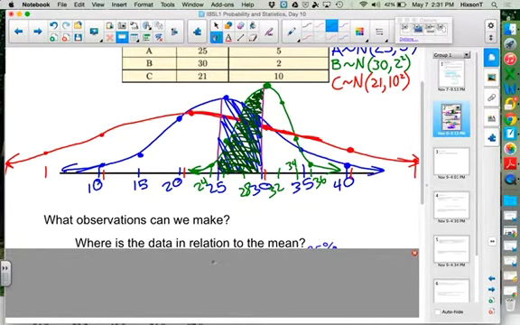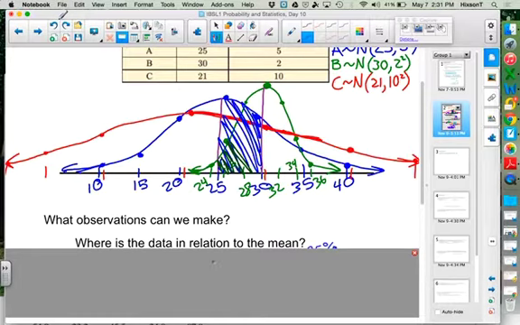It's actually gone past 2 standard deviations, almost to the third. If I pick a number from B, I'm going to have a greater probability of getting something in that range. Okay? Again, because the standard deviation is smaller. All right, so that's what we're looking at here. We're looking at probabilities.